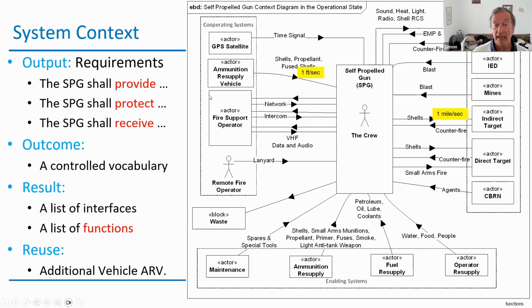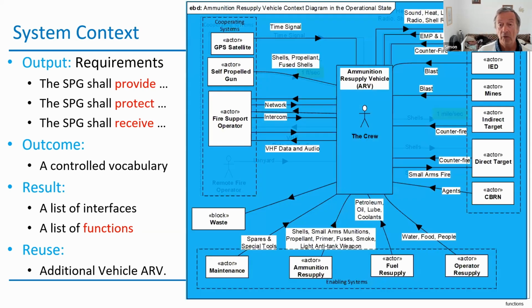So when we actually took a close look at the needs of the ammunition resupply vehicle in all the various life cycle states that it would have to exist in, this was obviously the most complicated, and we were able to quickly swap the ammunition resupply vehicle in the middle with the self-propelled gun now as a cooperating system.